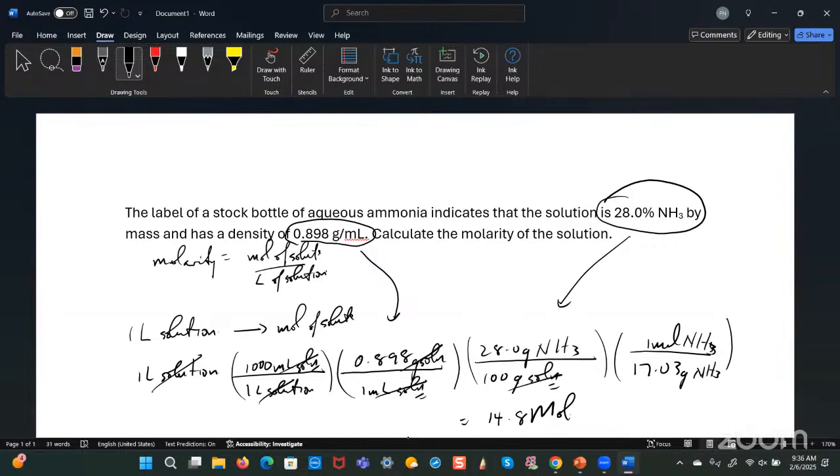So therefore, the final answer is 14.8 moles per liter, or 14.8 M, same thing, right? So that would be the final answer. Okay? All right, any questions about this?